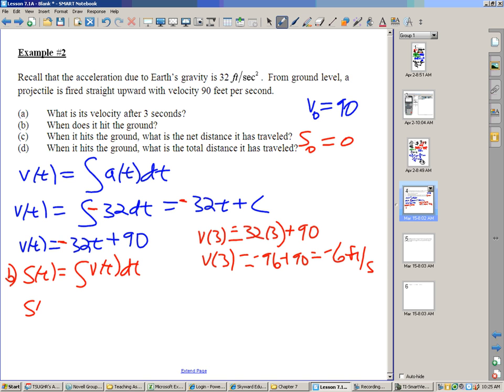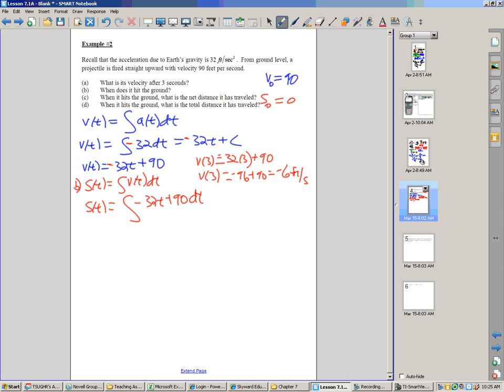So the position function will be the integral of negative 32t plus 90. If we anti-differentiate here, t squared over 2 makes this negative 16t squared plus 90t plus an arbitrary constant.